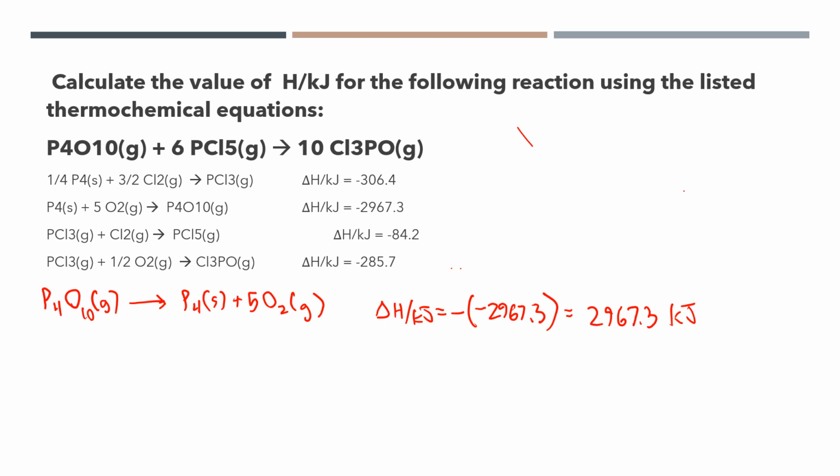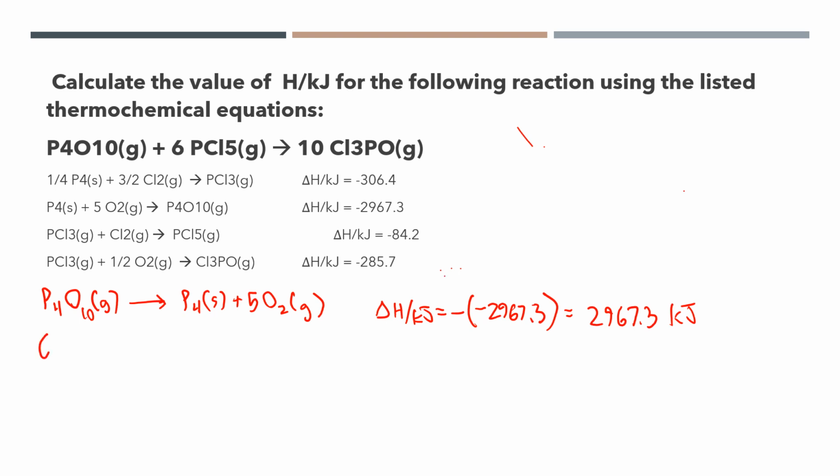Now let's look at how we can get this guy on there. Let's look at where PCl5 is. That is right there. Okay, we're also going to have to reverse that. So that's nice and fun. And also, look, there's a 6 there, so we're going to have to times the whole thing by negative 6. Let's write that out.